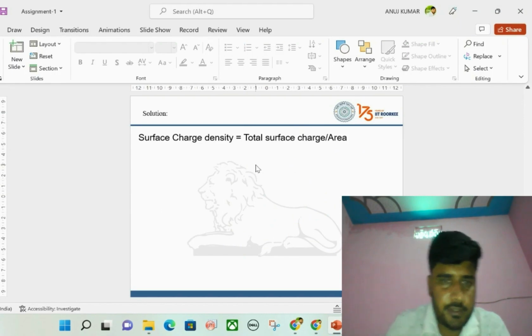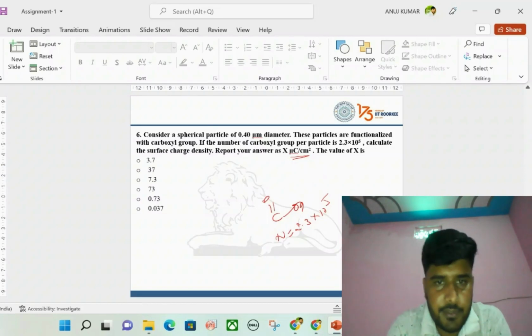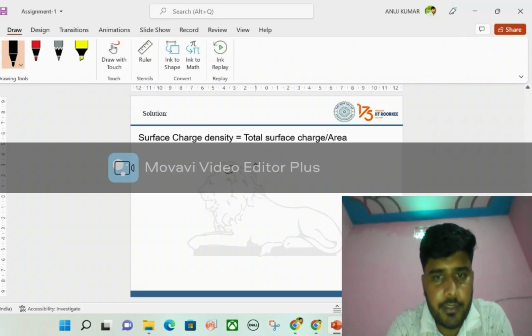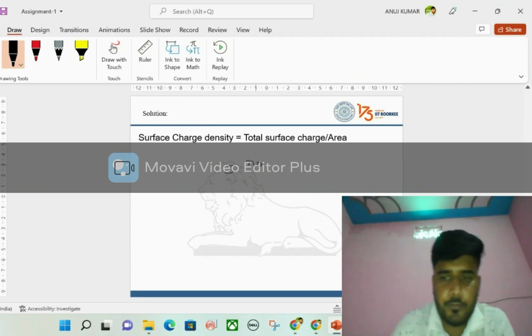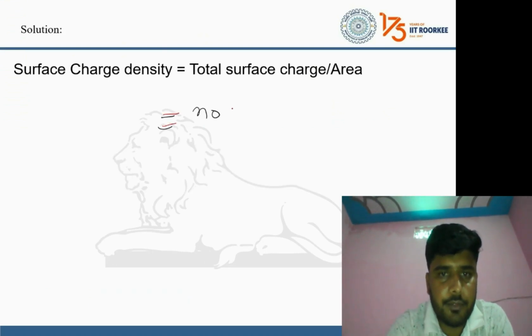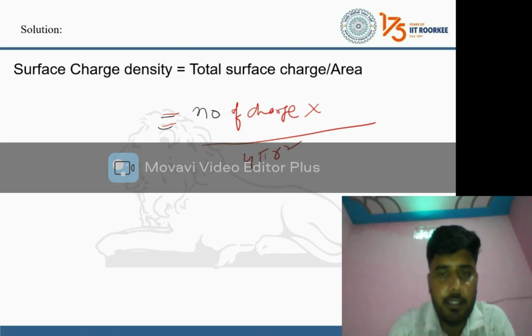So this is the surface charge density. You have to calculate the total surface charge. Okay, I'm going full screen. So you have the number of charges divided by the area, and for a spherical particle the area is 4 pi r square.